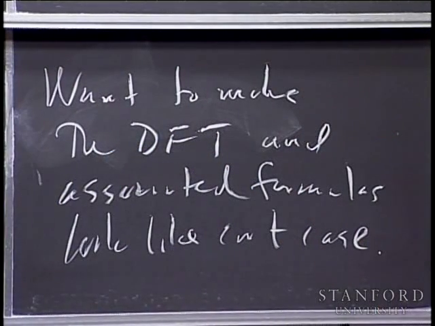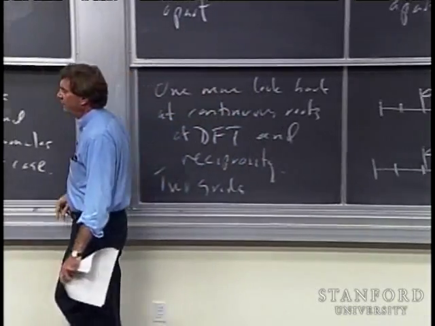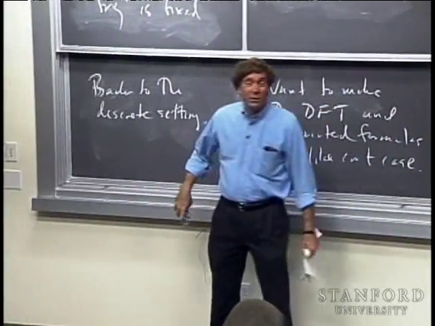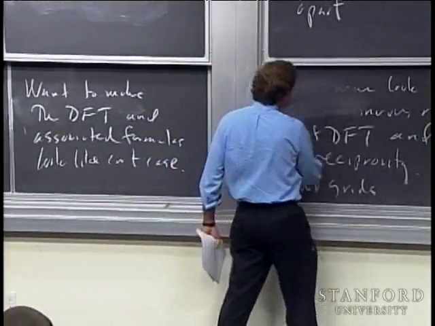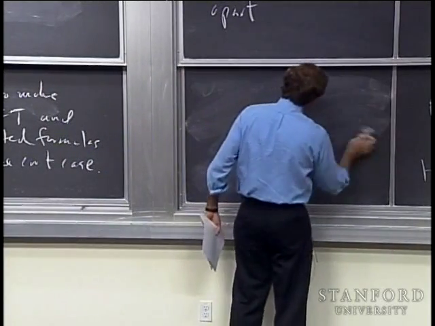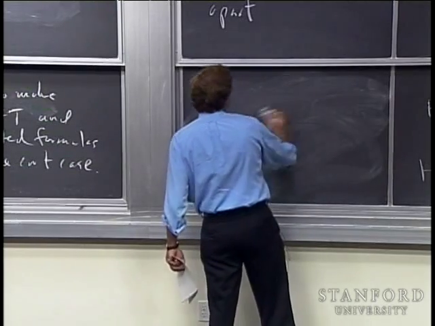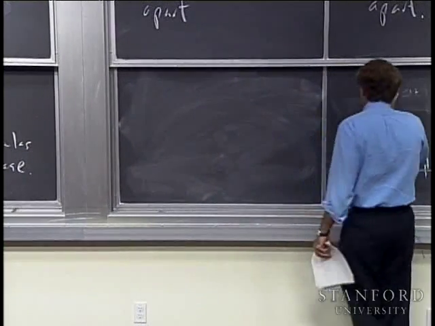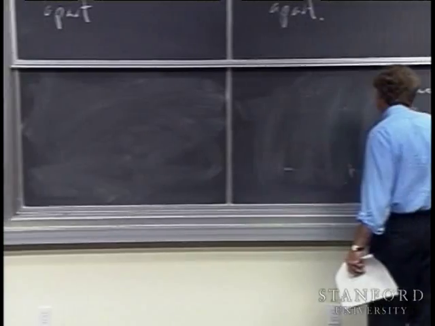Now, partly it's a matter of notation. Even more so, it's what you do with the notation and the consequences of thinking about things a certain way. So the first thing I want to do is introduce a way of thinking about the exponentials that occur in the definition of the DFT.